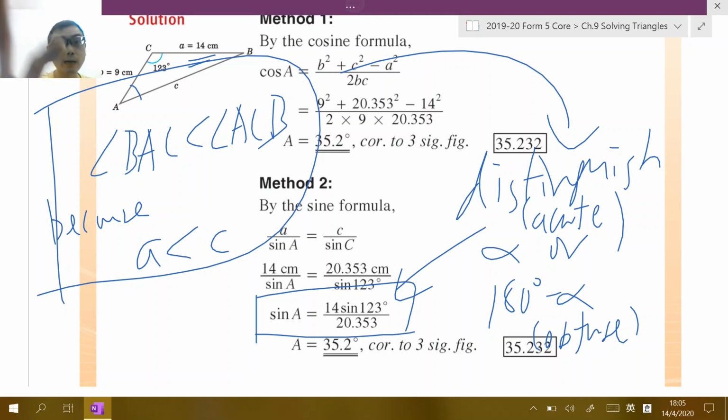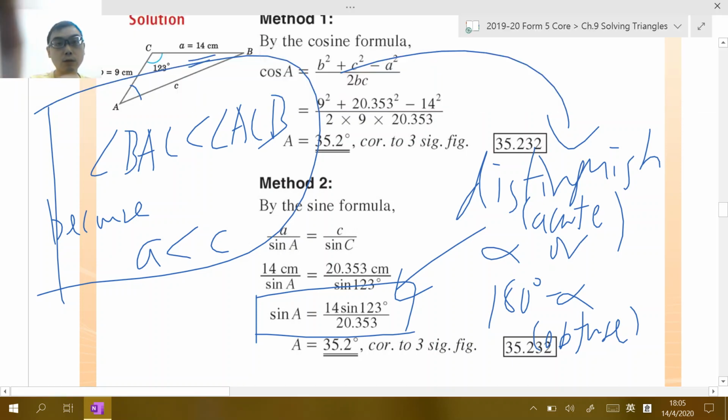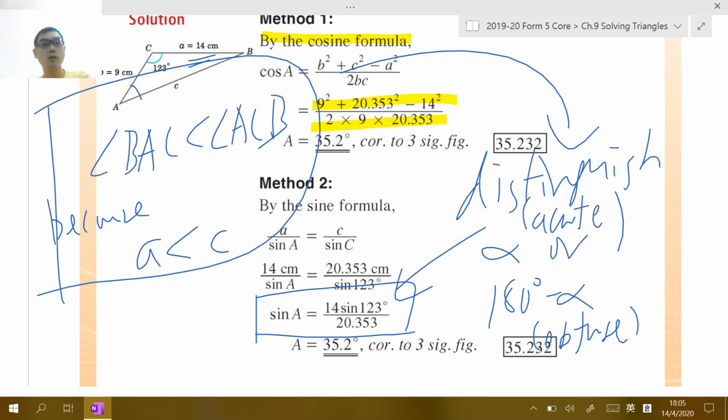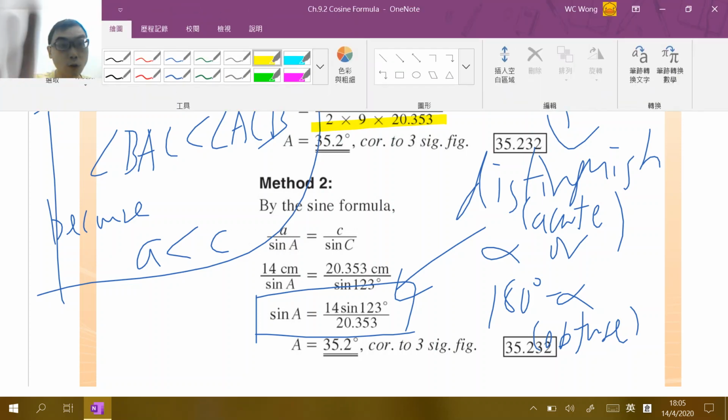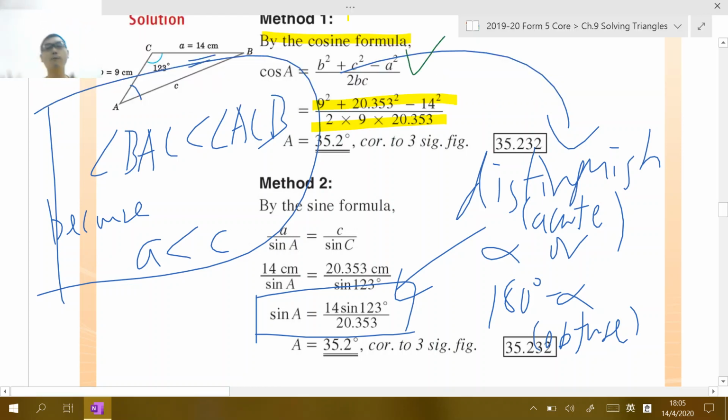But remember that by using the cosine formula, you don't need to think about such a thing, because the cosine is either positive or negative depending on how large the angle is. If it's positive, you should get the smaller angle, because it should be an acute angle compared with the angle C, which is an obtuse angle. That means we are always suggested to use the cosine formula, because you don't need to think whether you have two solutions or one solution.